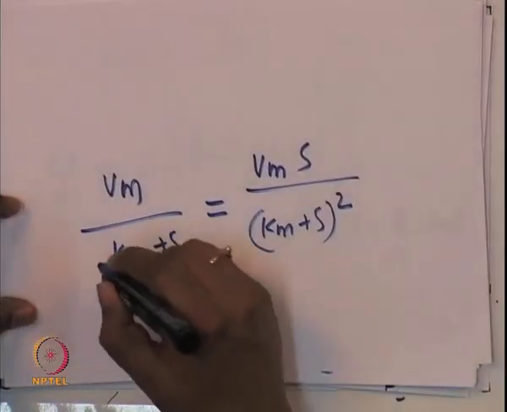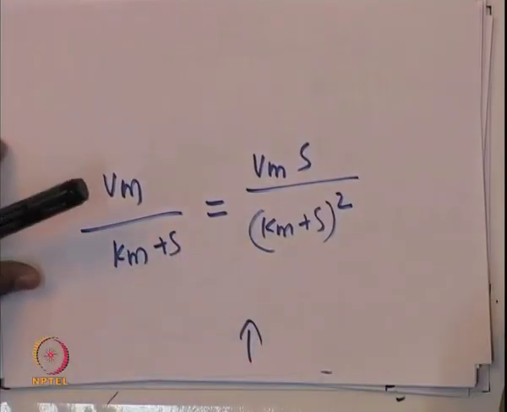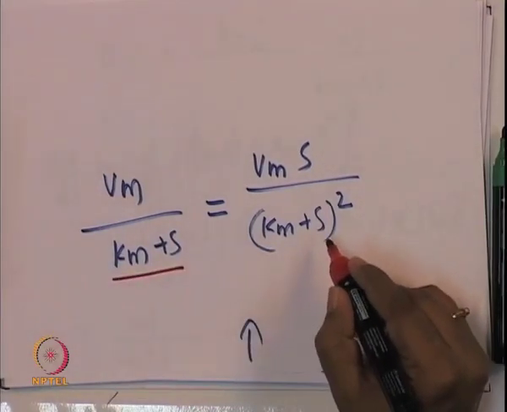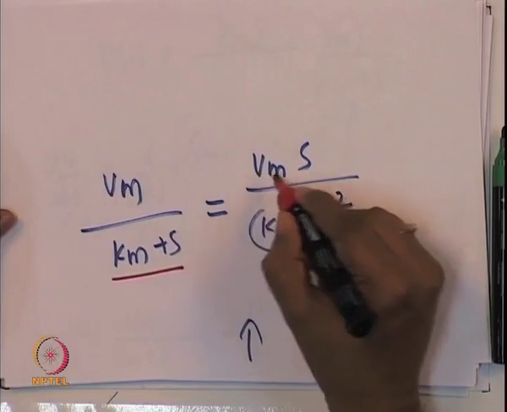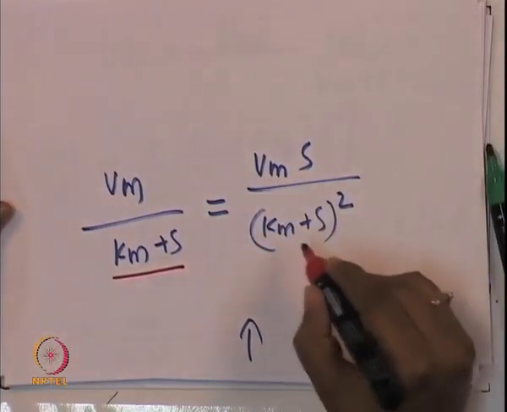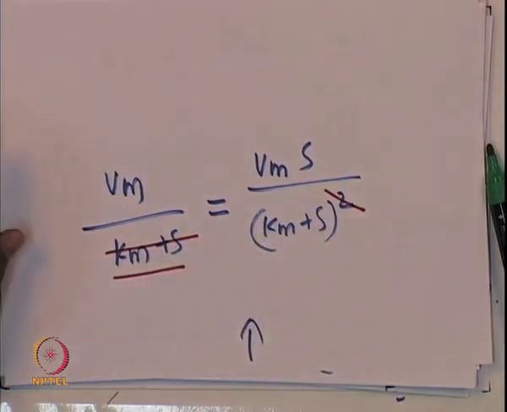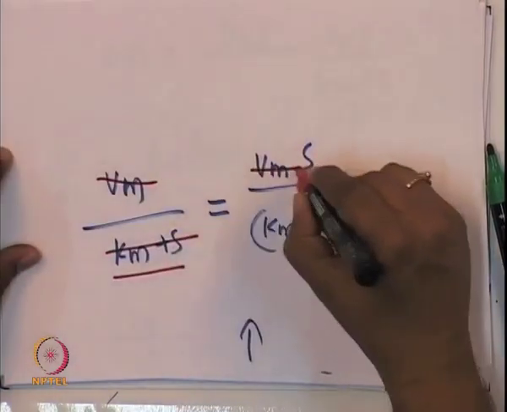So, here there is Km plus S whole square. So, this Km plus S here and one Km plus S cancel, and Vm cancels.